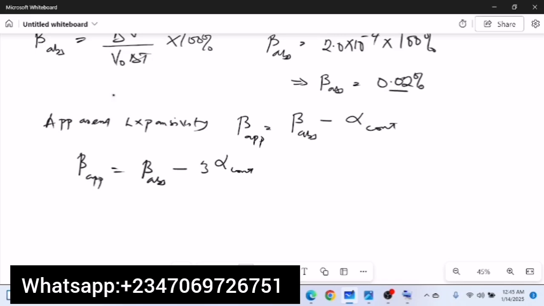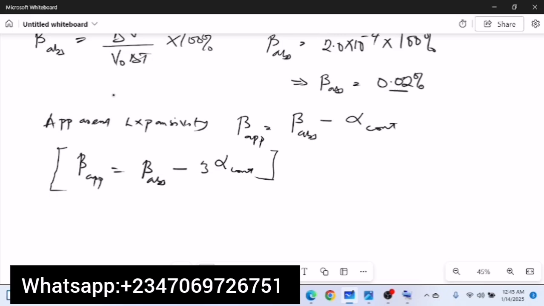So this is the equation that governs what? The apparent expansivity. So like I said earlier, to measure the real expansivity of the liquid is quite difficult as a result of heat. So when heat is subjected to a liquid, the container itself expands in volume, as well as the liquid inside the container also expands. So in order to measure the real expansivity, that becomes difficult.